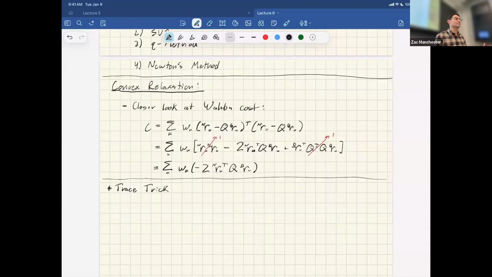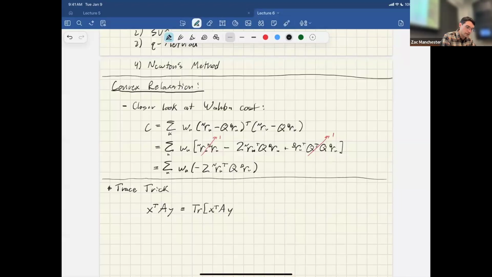Do you know what a trace is? For a matrix, I sum up the diagonal, right? So traces are fun. They do interesting things. In particular, if I have something that looks like X transpose A Y, this is a scalar, right? So I can just wrap that in a trace and it doesn't do anything.